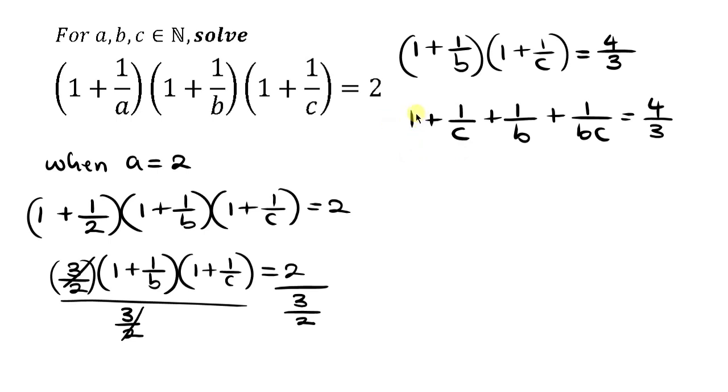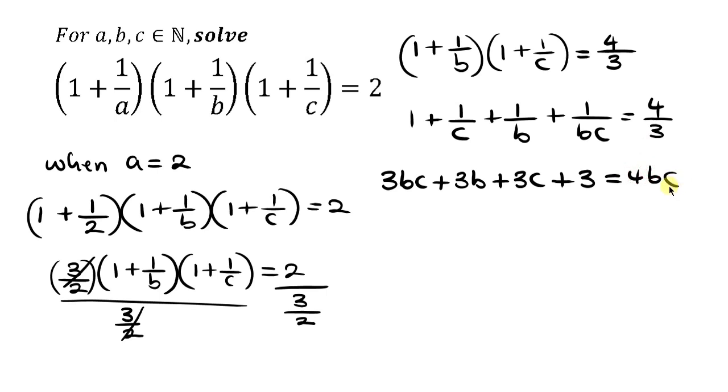So 3BC times 1 is 3BC, plus 3BC times 1 over C is 3B, plus 3BC times 1 over B is 3C, plus 3BC times 1 over BC is 3, equal to 3BC times 4 over 3, which is 4BC.